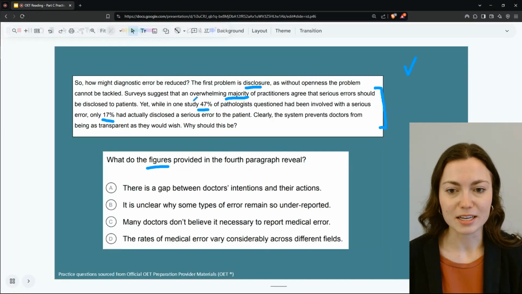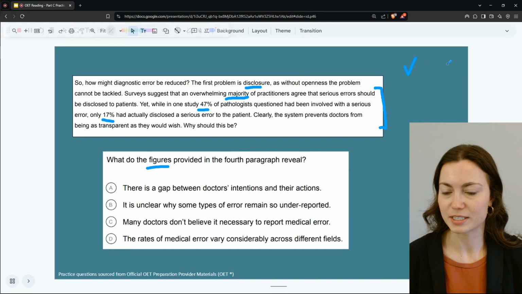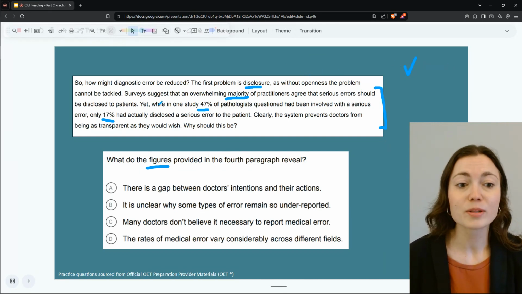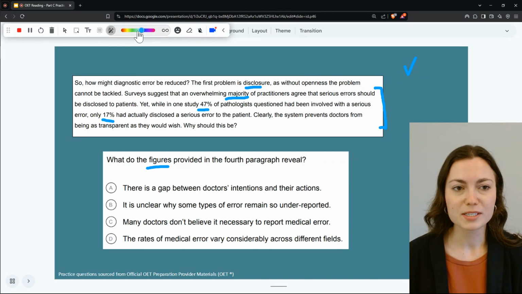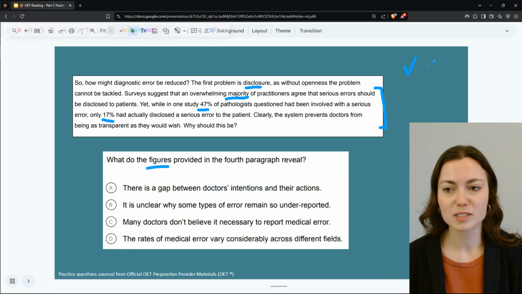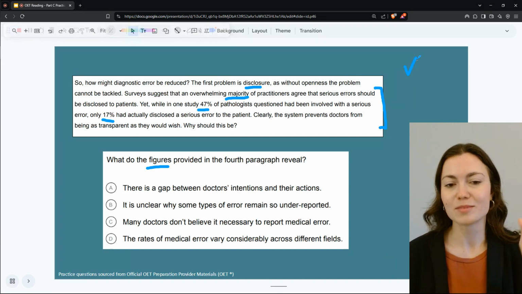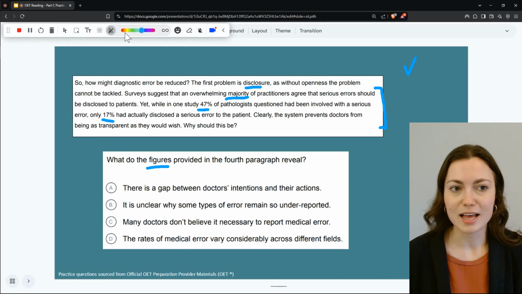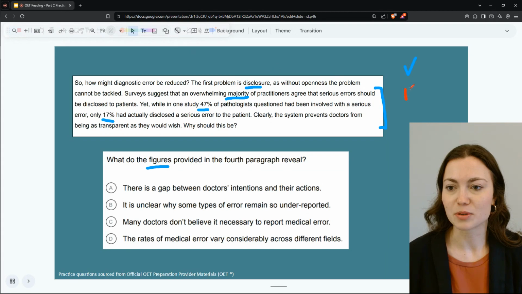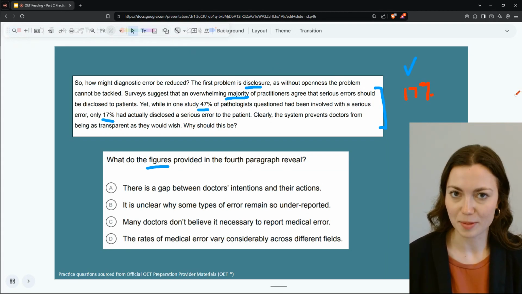Now in this study, they questioned 47% and only 17% had actually done it. So what are we seeing here? Well, we're seeing this difference between what people think they should do and what is good to do. And then of course, the 17% is reflecting what actually happened in reality.